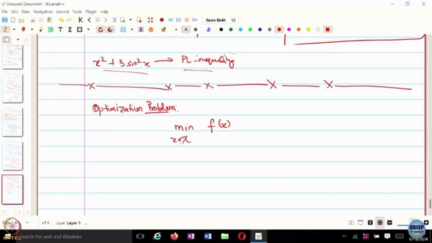Suppose we are looking at an optimization problem of this form. Your cursive X is some feasible set, and we want to minimize this function f of x. So what is the first order condition for optimality? Let's also assume that f is convex.